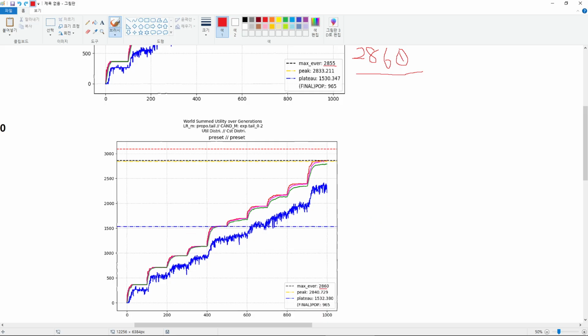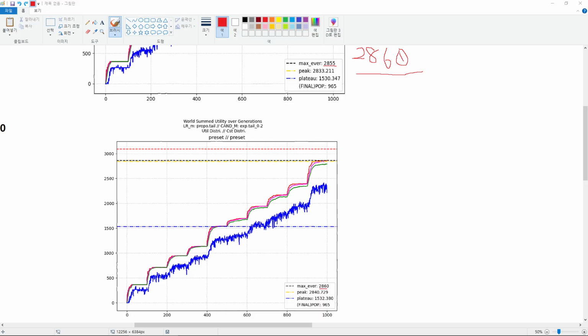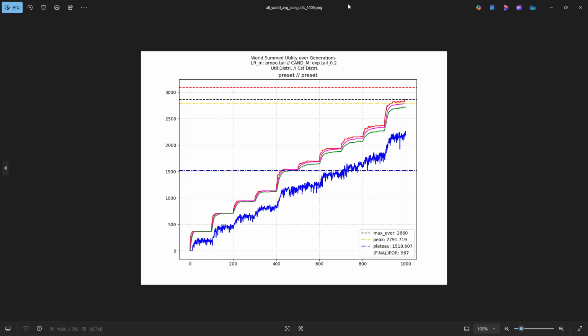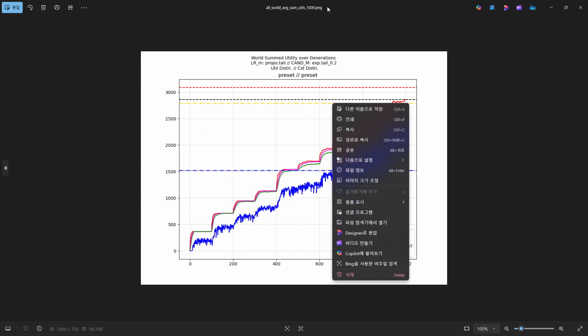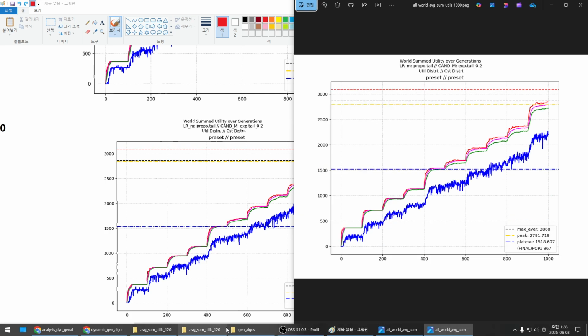So I just had to compare this to that one. Compare this to the very last time, when I had 1000 entities per era.